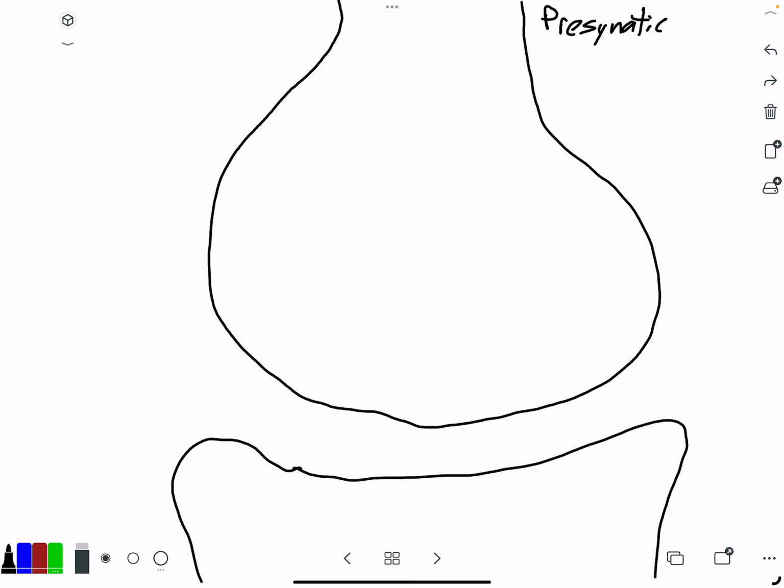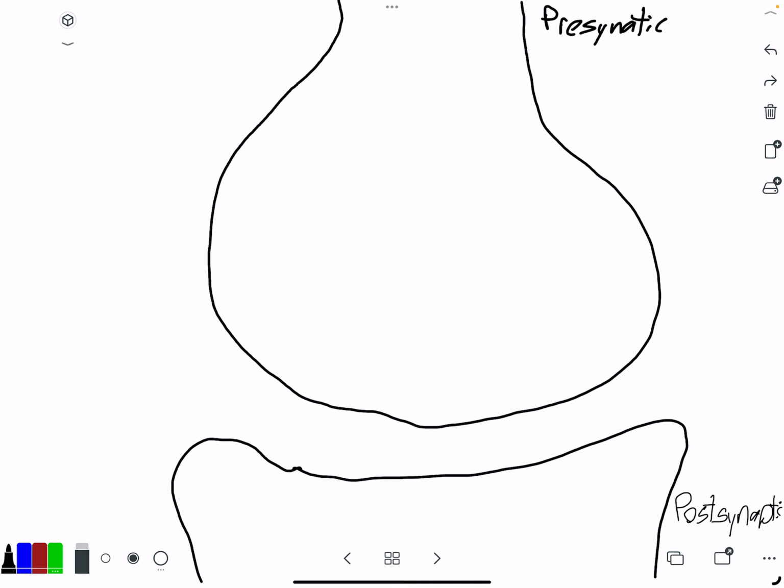And down here at the bottom, we have our postsynaptic cell. This might be another neuron, or it could be, as we've discussed, an effector cell, such as a muscle. For this illustration, we'll make this postsynaptic cell another neuron.